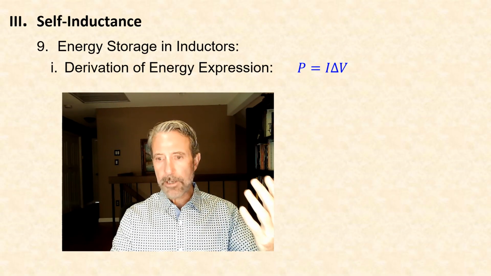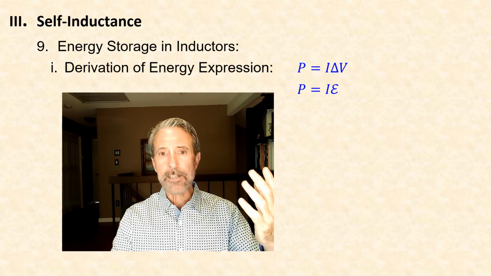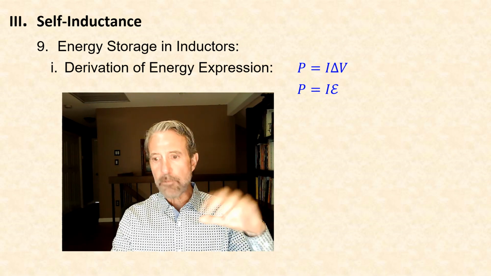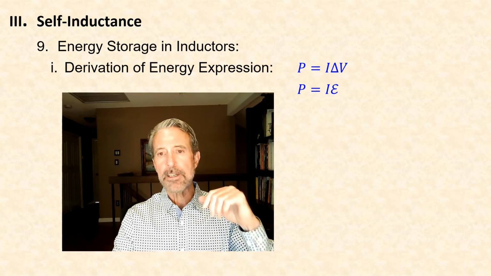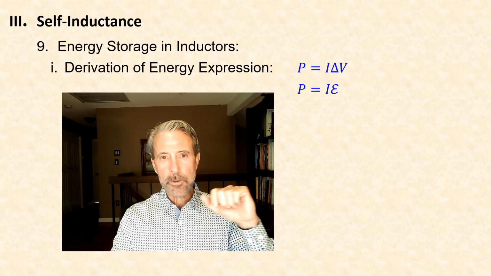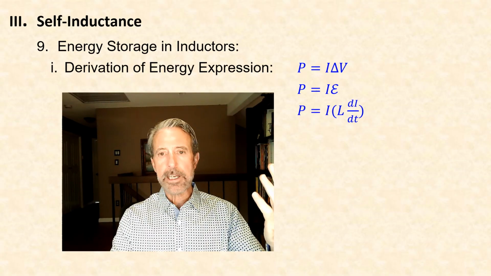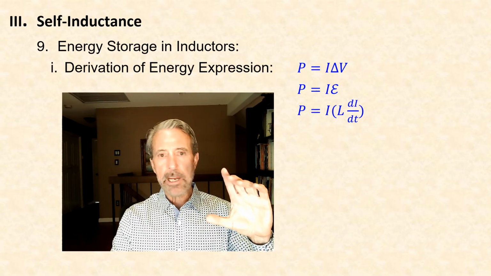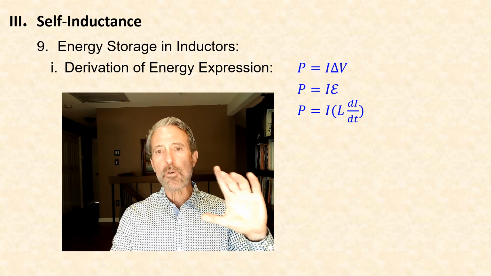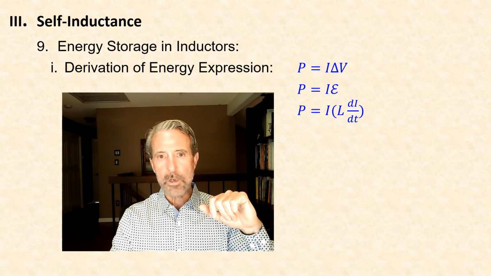Because of that, we will represent that voltage drop across the inductor using the symbol script E for the induced EMF, which, as I said, results from this changing alternating current. When we substitute Faraday's law into this expression, looking at the magnitude only, we see that the induced EMF goes like the self-inductance times the time rate of change of electric current.